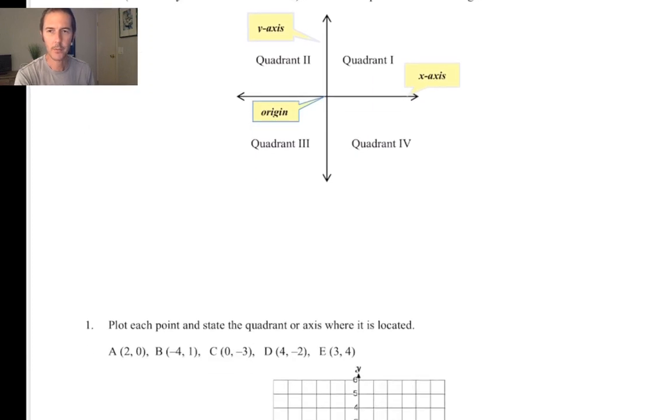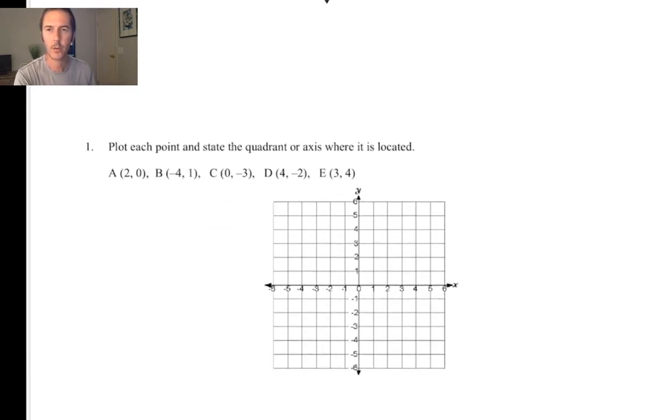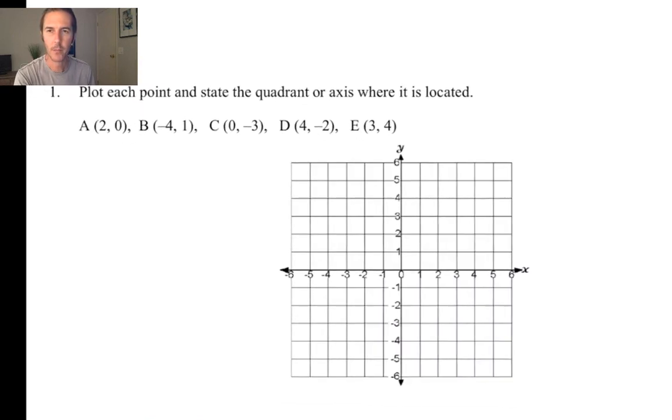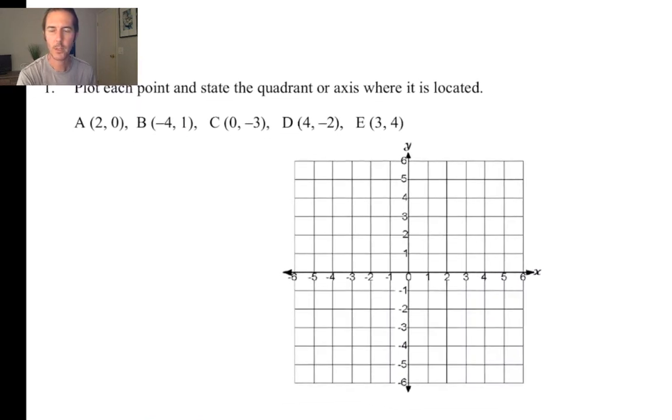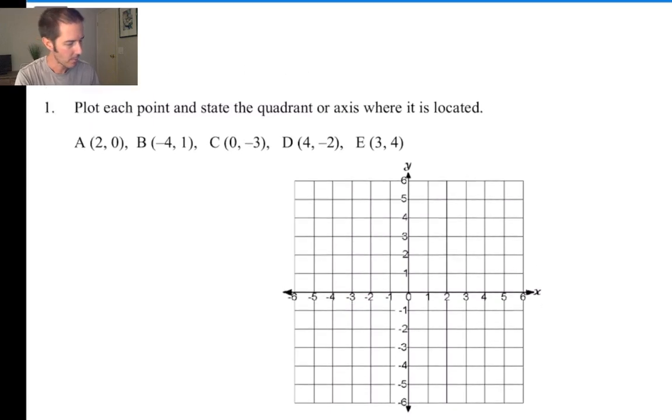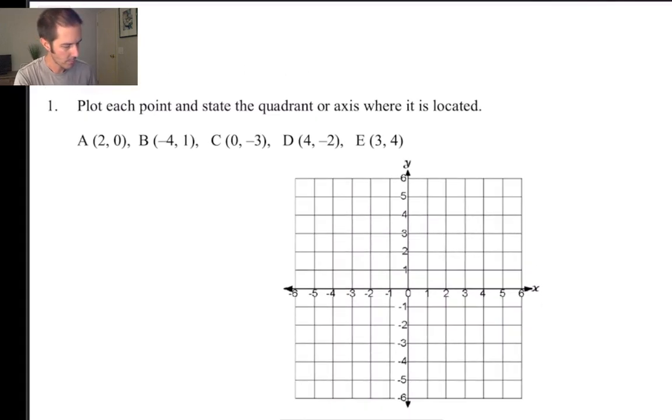And we're going to be plotting some ordered pairs on the coordinate plane first, just to make sure that everyone's on the same page. If the first point that I'm going to plot is (2, 0), I start at the origin, and then I move 2 units in the positive x direction. So that's our 2.